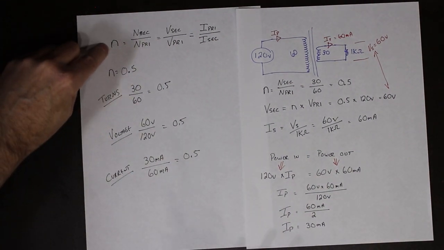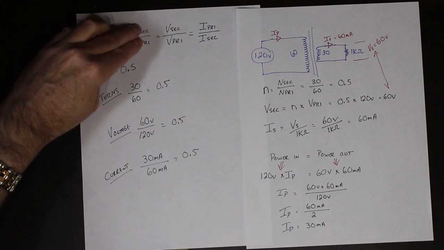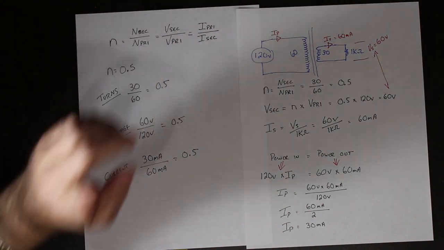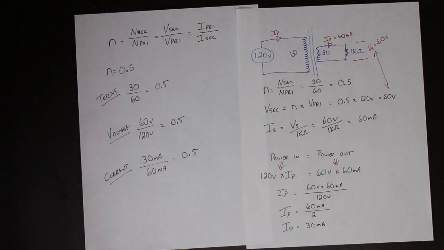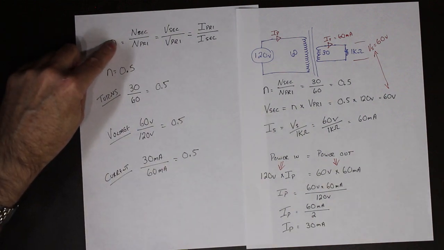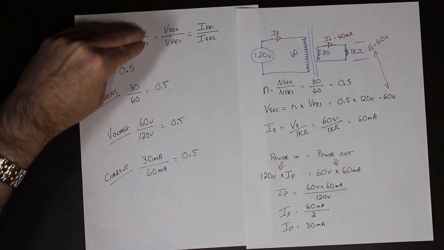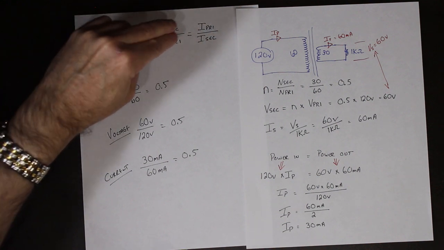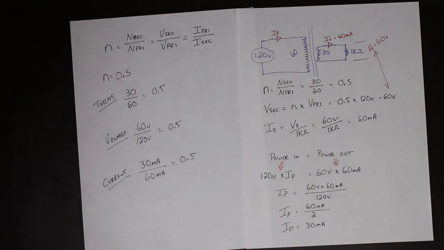So the turns ratio, N, has a relationship between the number of turns, the voltages, as well as the currents.